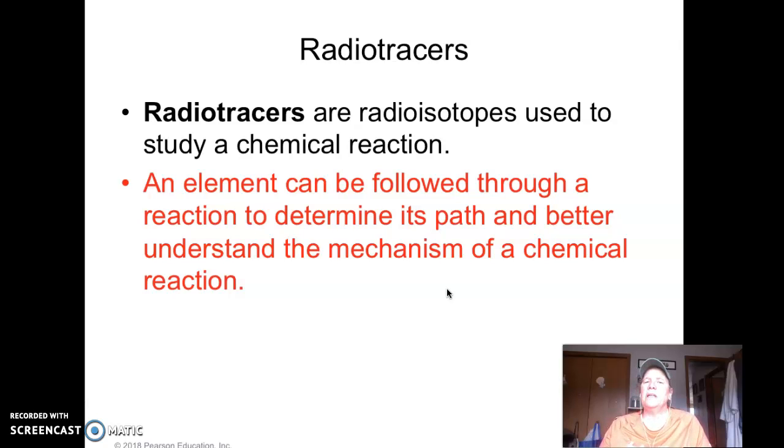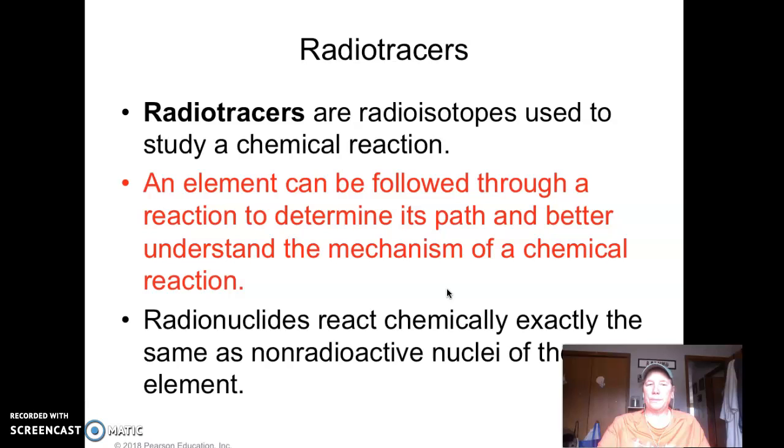But anyway, an element can be found through a reaction to determine its path and better understand what's going on, so you can follow it through the chemical reaction. Radionuclides react chemically exactly the same as non-radioactive ones, but they can follow them because they glow, or they give off a signature, whereas the non-radioactive one doesn't, so they can follow it through and see what's going on.